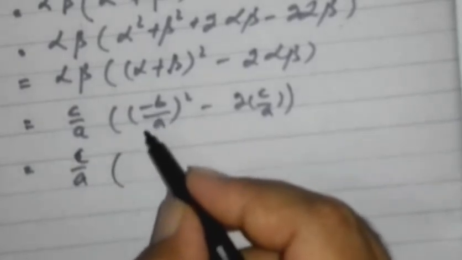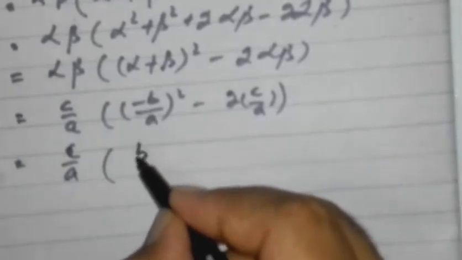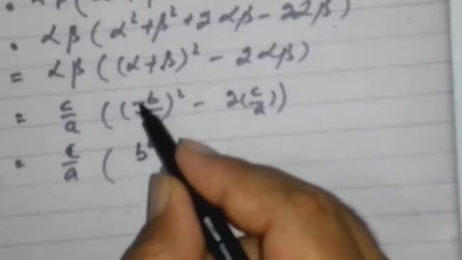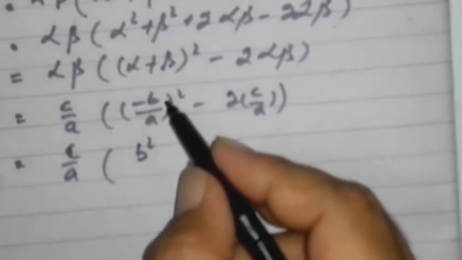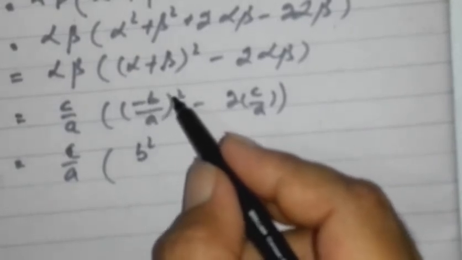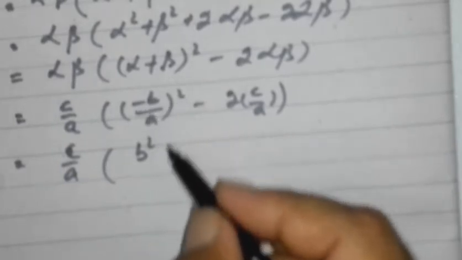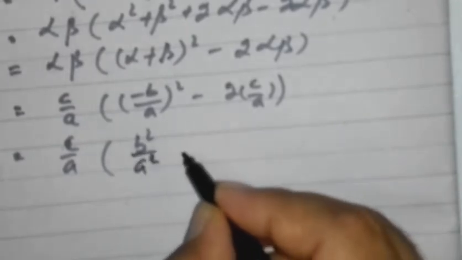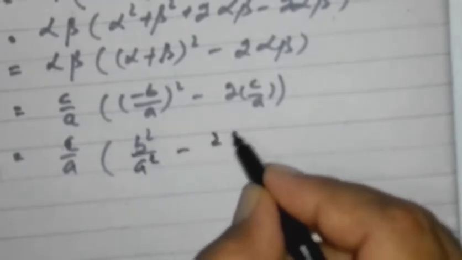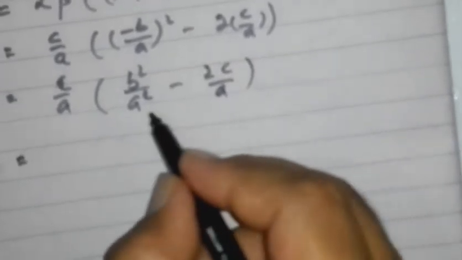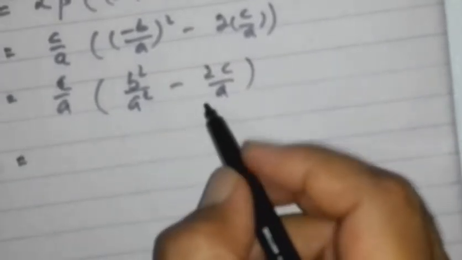Now c by a, and here minus b by a whole square. The minus sign will change into plus because the exponent is even. So b square by a square minus 2c divided by a. Now take a square as the LCM.